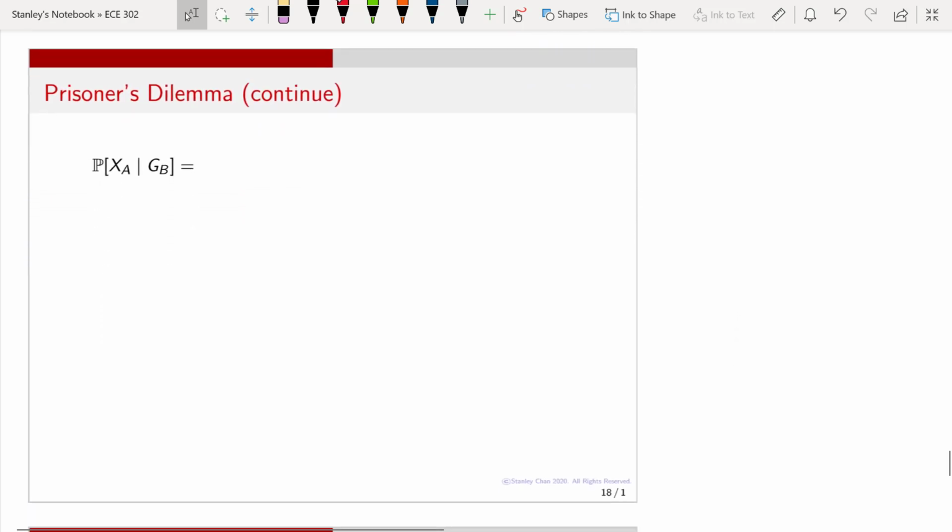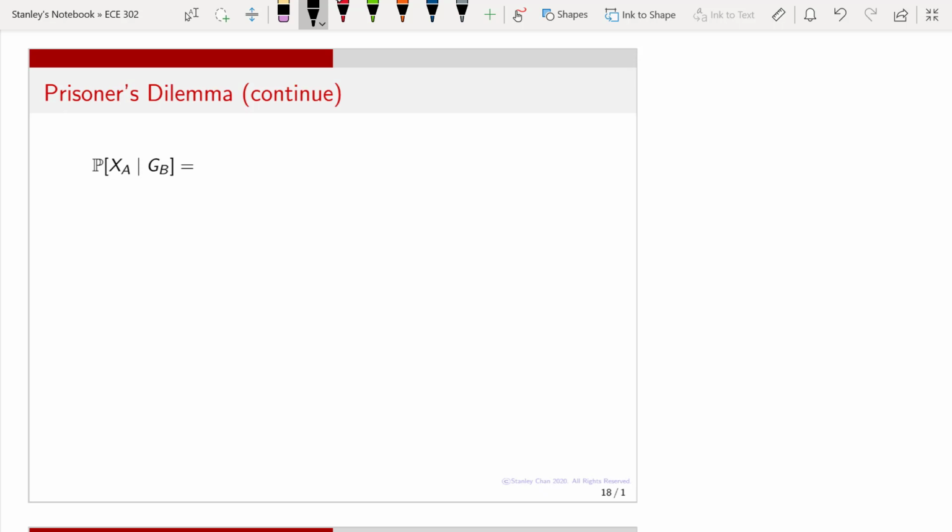Now, let us come back to the prisoner's dilemma. In the prisoner's dilemma, we talk about this conditional probability. We want to calculate the probability that prisoner A is executed given that the guard says B. So how do we calculate this conditional probability?